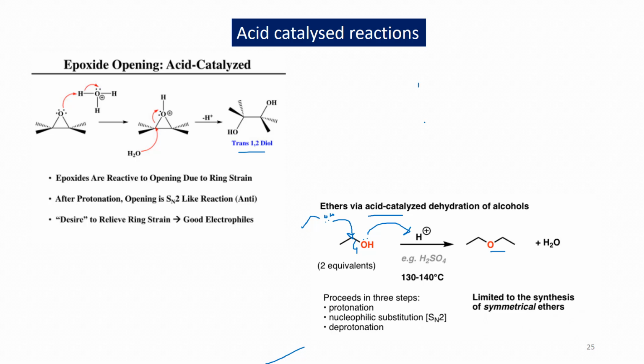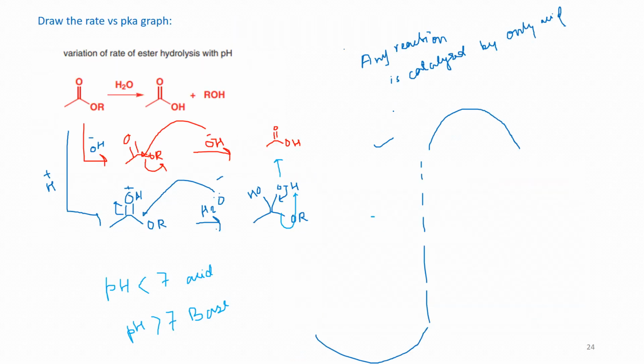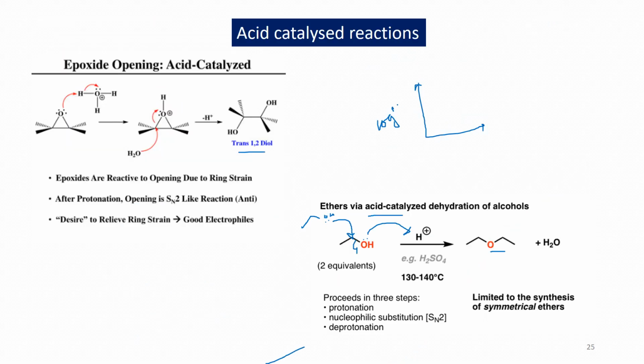So for these two reactions, what type of graph will you see? If we draw log of rate versus pH, what type of graph will you see?